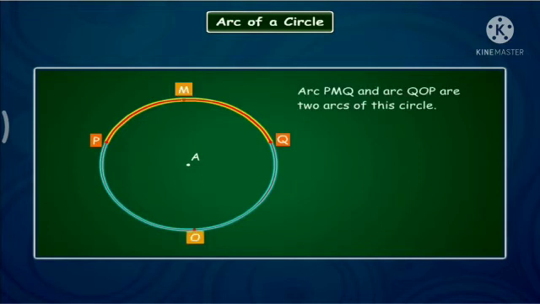Points M and O each lie on one of the arcs. Therefore, we can say arc PMQ and arc QOP are the arcs of the circle.